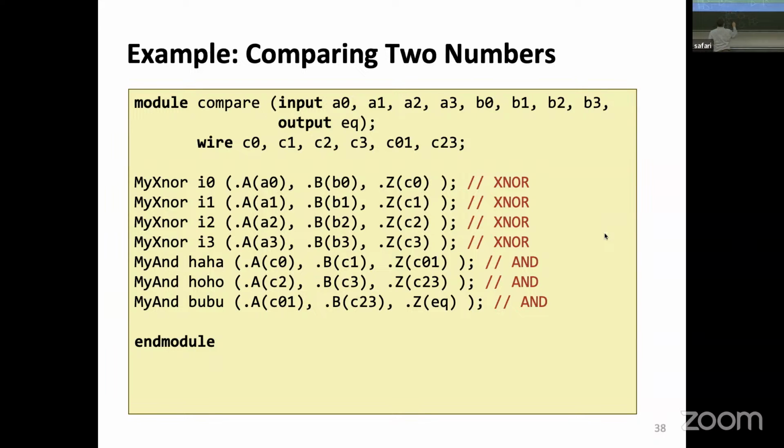C01. This was C2, 3. No, sorry. This is C0, this is C1, this is C2, this is C3, this is C01, this is C2, 3. And this one, what's the output? The output is equal to. Inputs I'm not writing because I'm lazy.